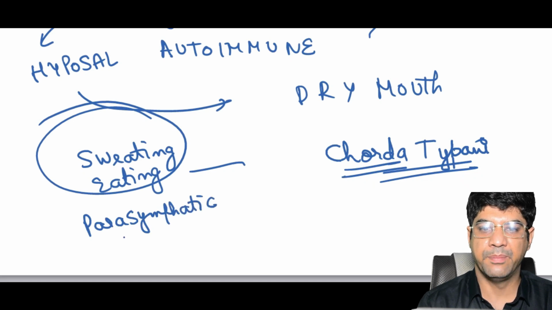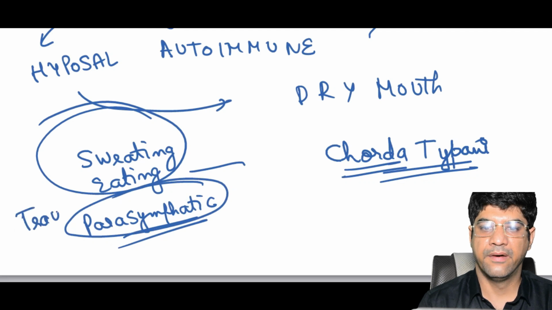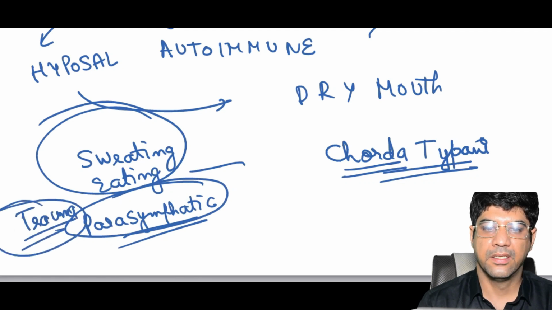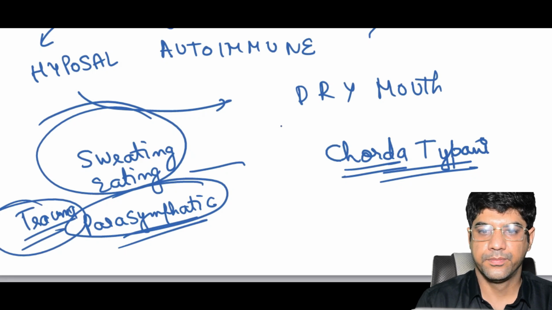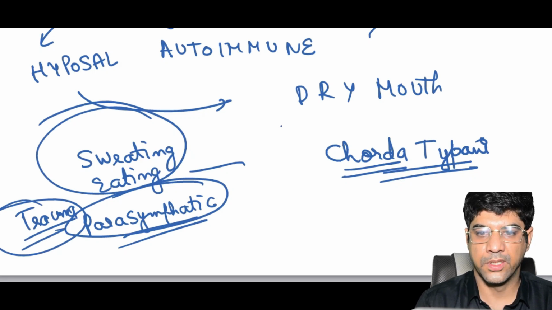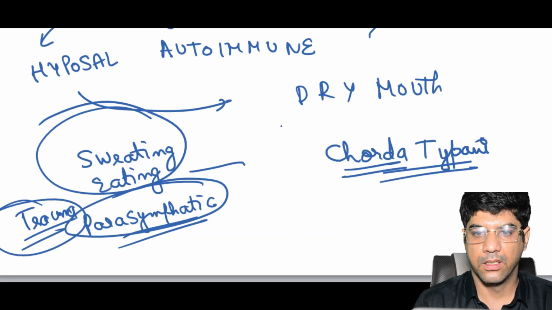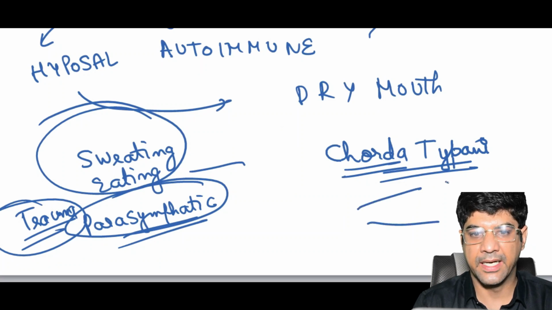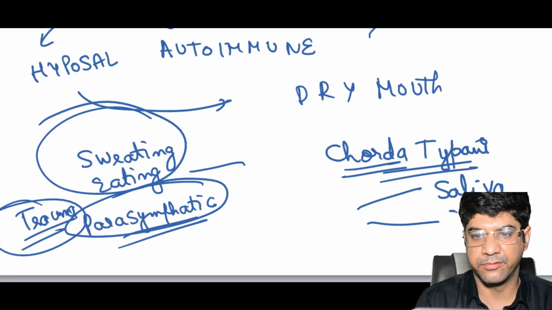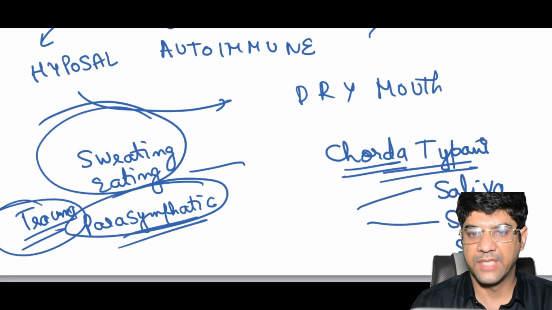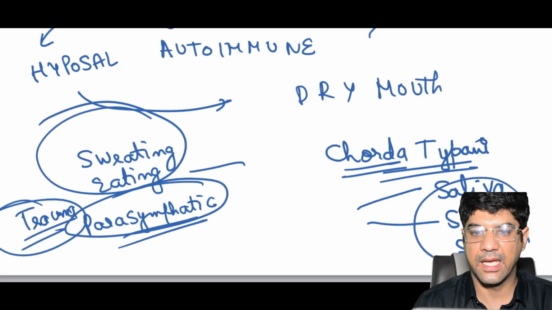It occurs when the parasympathetic nerve fibers to the salivary glands are severed during trauma or during surgery. The fibers may deviate and join with the nerve fibers supplying the sweat glands, leading to simultaneous saliva secretion and sweat secretion when food is in the mouth.